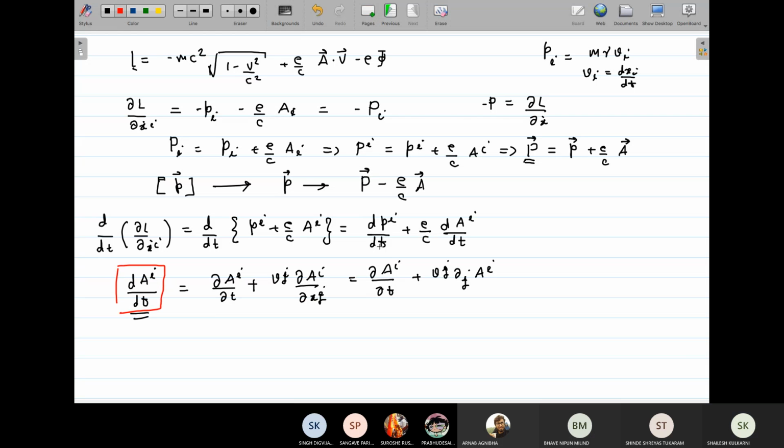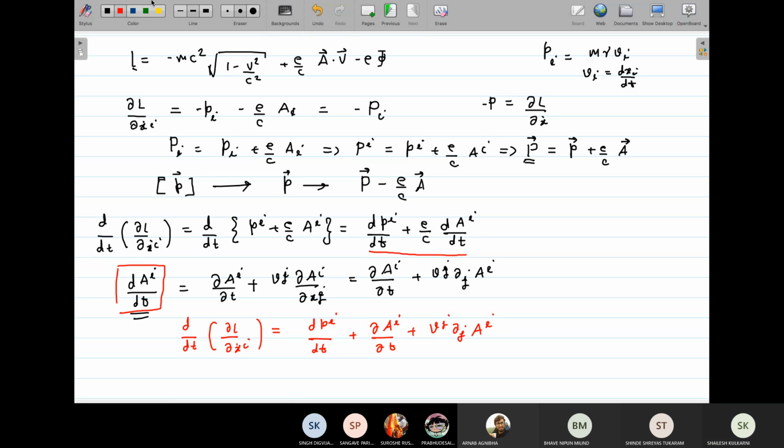We have this relation. So now we know what is d/dt of ∂L/∂ẋ_i. So d/dt of ∂L/∂ẋ_i is equal to dp_i/dt plus ∂A_i/∂t plus v_j ∂_j A_i.